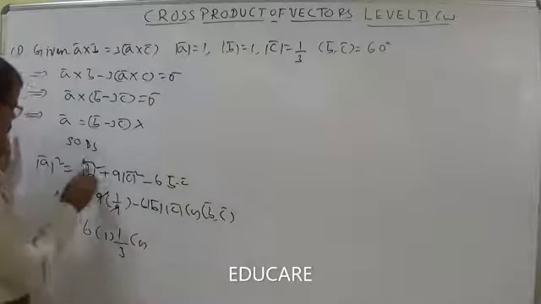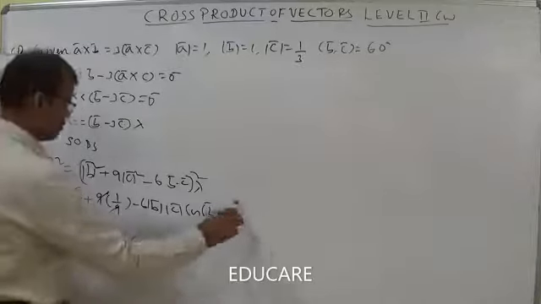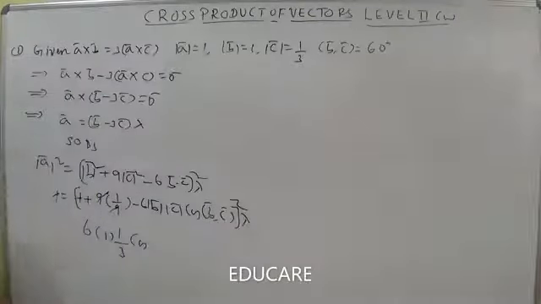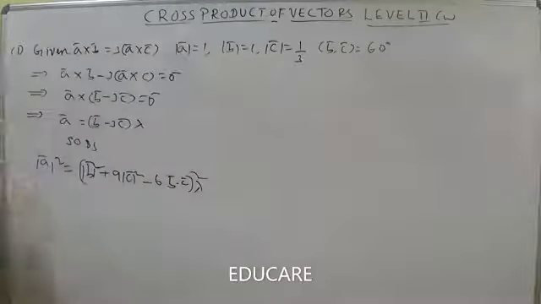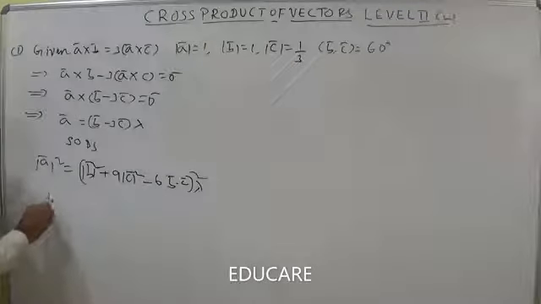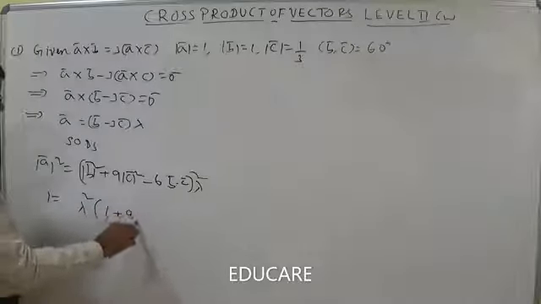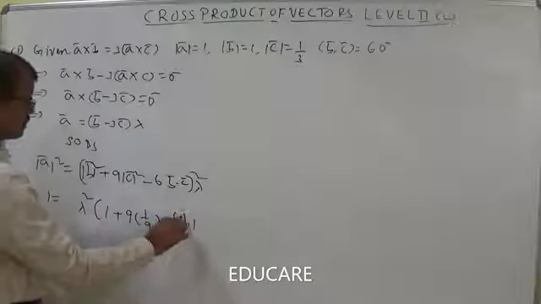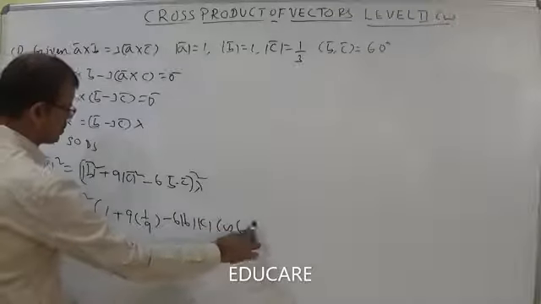Here we forgot lambda. You can write lambda square, and it should not get cancelled like that. Mod A square is equal to 1, so 1 is equal to lambda square into (1 plus 9 into 1 by 9 minus 6 into mod B into mod C into cos 60 degrees).